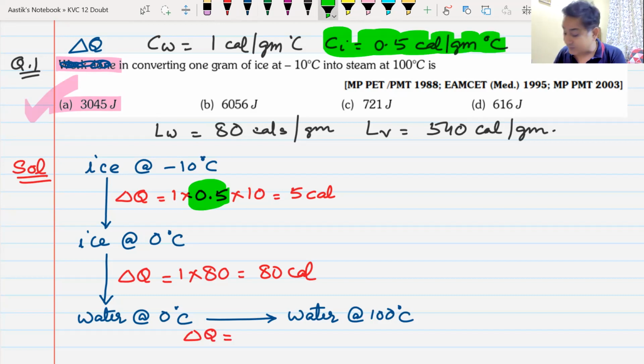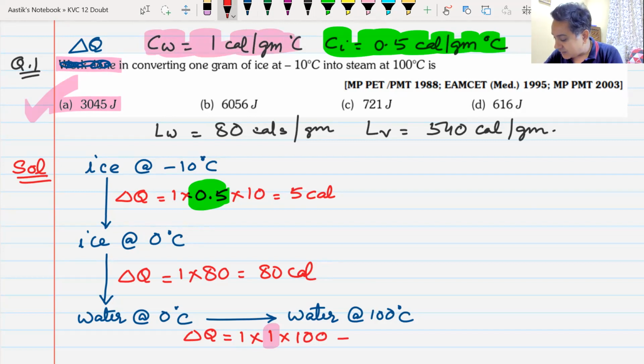Here I will use the specific heat of water because now I'm dealing with the change in temperature of water. Mass is 1, specific heat is 1, and change in temperature is 100. I hope everyone understands it. That will get me 100 calories more. So now I have water at 100 degrees Celsius.